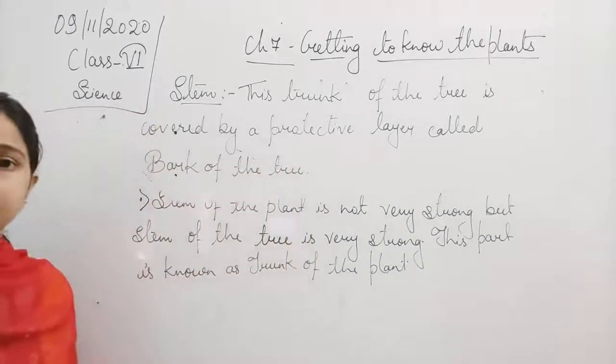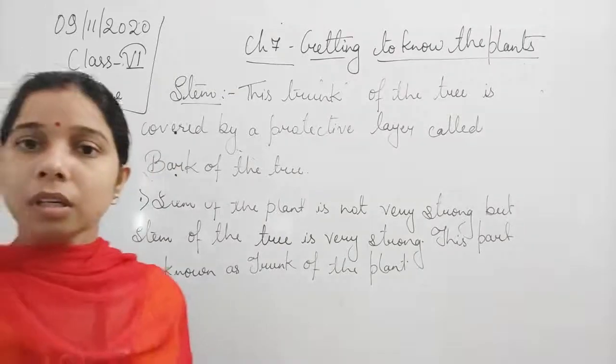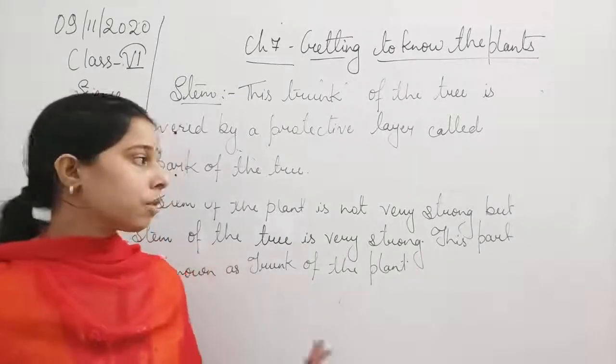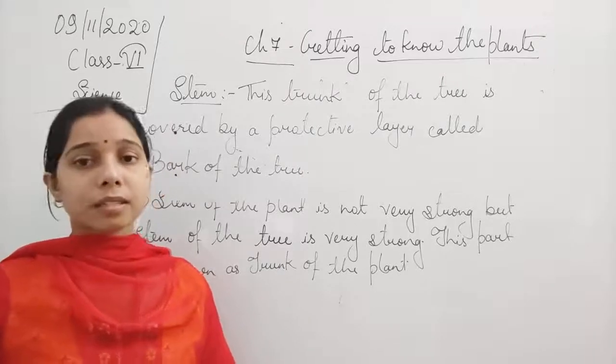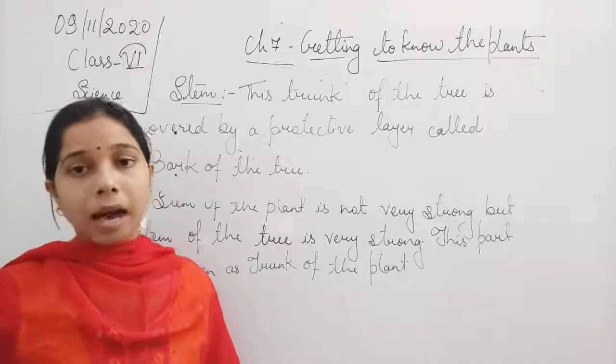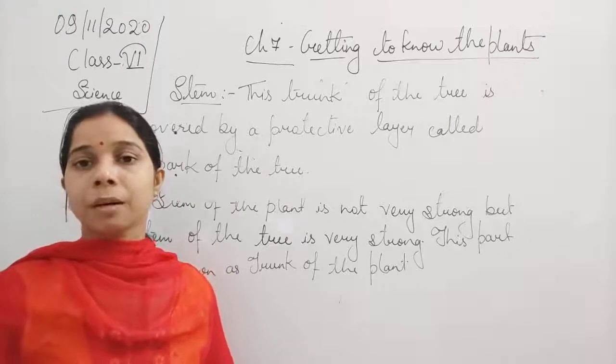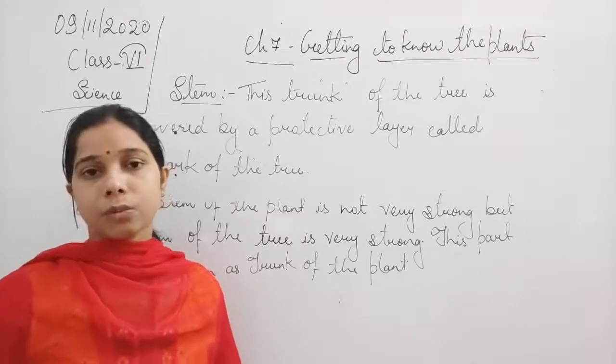That is called as the bark of the tree, students. Okay, so this is the trunk is there, stem is there, and in the trees it is the trunk only which hold the plant, and trunk is covered by a protective layer, and that is known as bark.